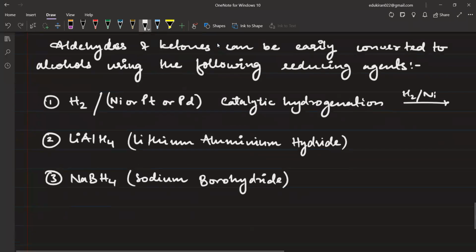Then write the last one. Just a second. Yes, sodium in the presence of ethanol, C2H5OH.